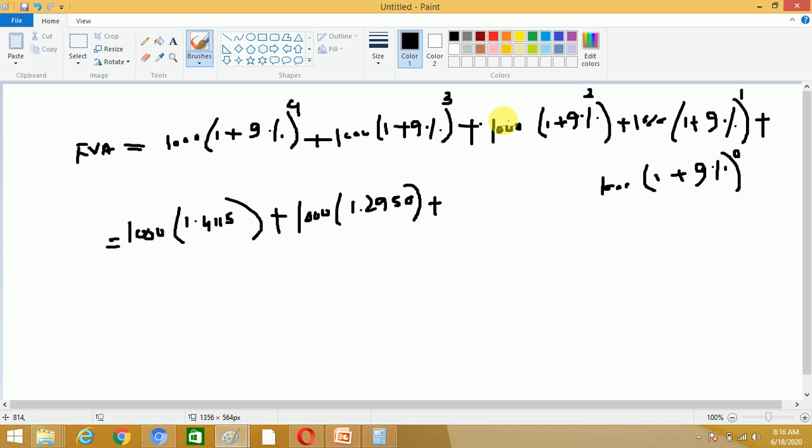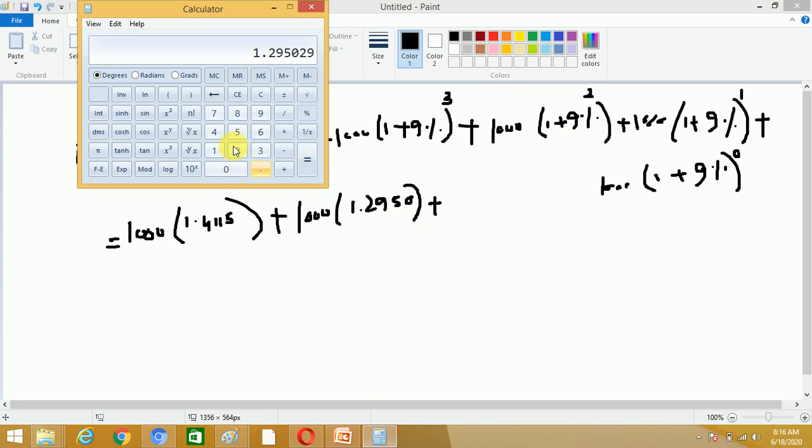Plus 1 plus 9%, 1.09 power 2, which is equal to 1.1881.